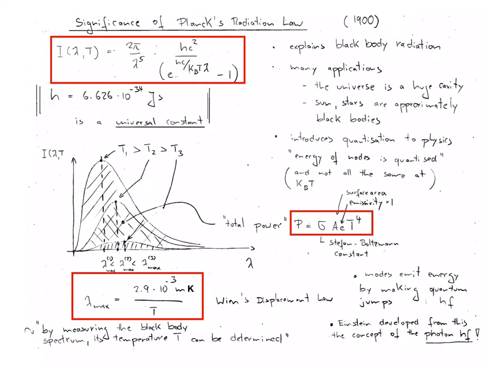Planck's radiation law shows us that the energy of the modes in a black body cavity is not all the same, but that it is quantized, and that the emission of photons occurs through quantum jumps between those modes.